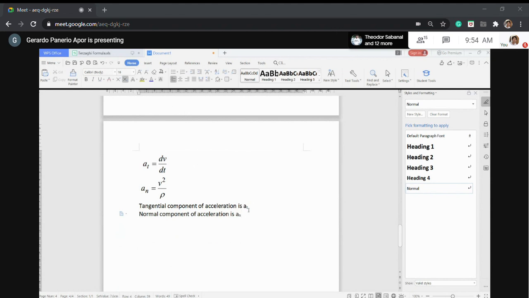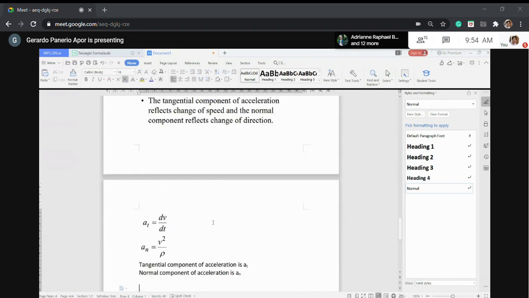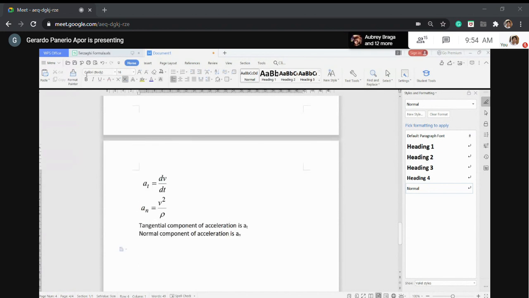So here the normal component and the tangential component are defined. That is one of the points of discussion this morning: a particle as it travels along a curvilinear path, like this one.